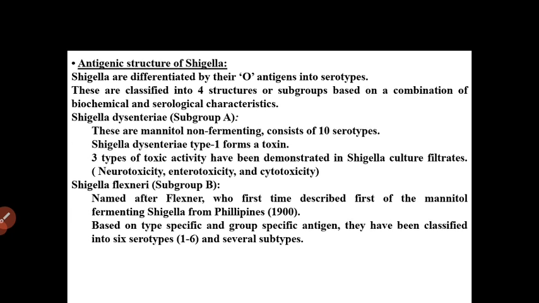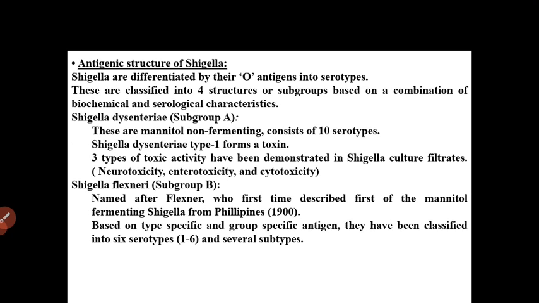Type 1 forms a toxin. 3 types of toxic activity have been demonstrated in Shigella culture filtrates. Which are the 3 types? Neurotoxicity, enterotoxicity, cytotoxicity. Understood?